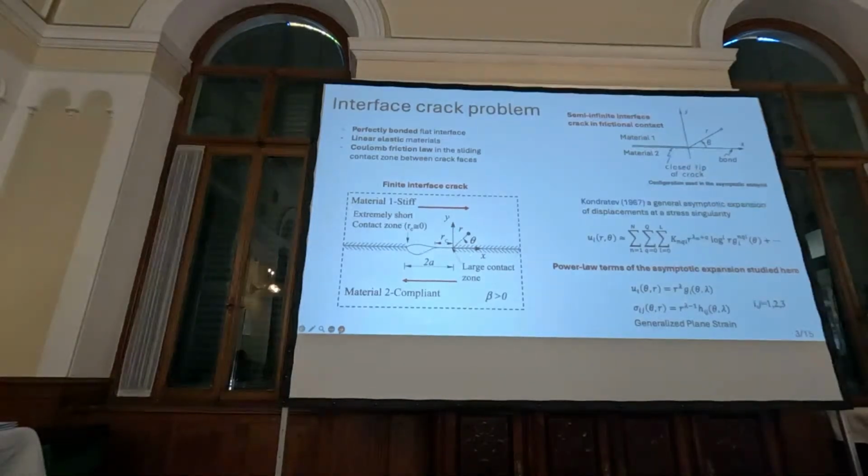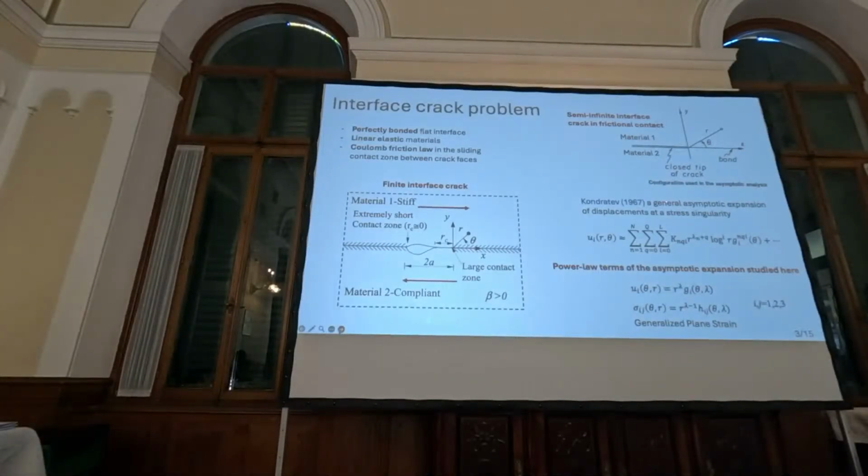The solution in the neighborhood of the crack tip with the relatively long contact zone can be modeled by a semi-infinite interface crack in frictional contact, and this will be the problem we are going to study. So we consider a semi-infinite interface crack in frictional contact, and we look for the solution to this problem.